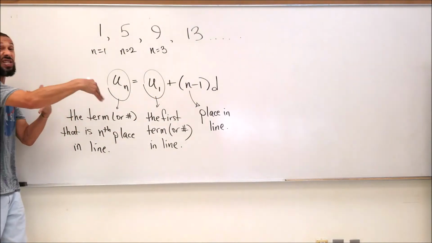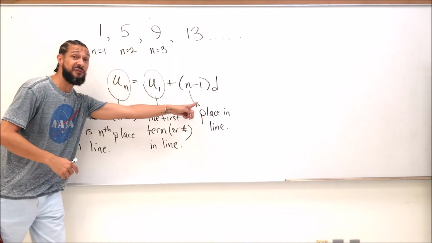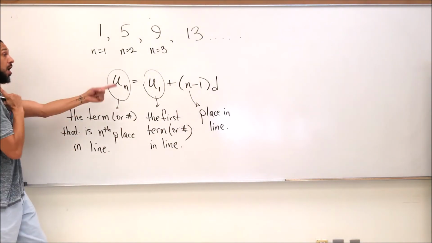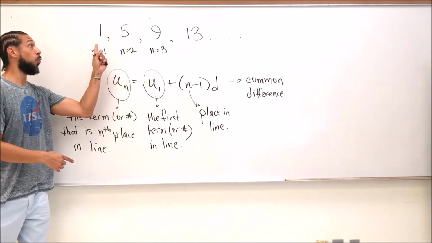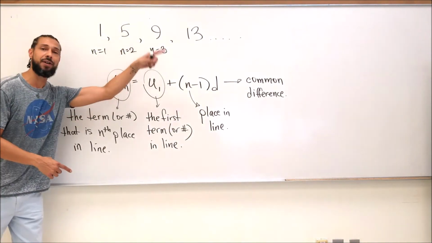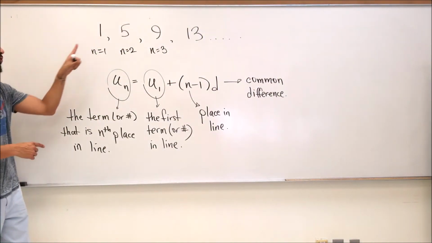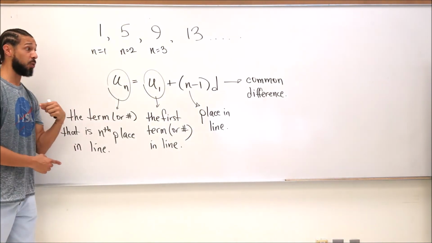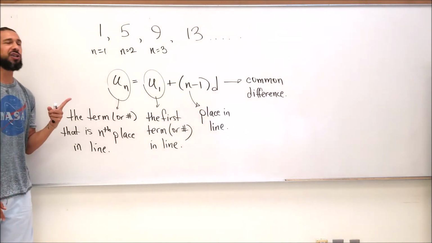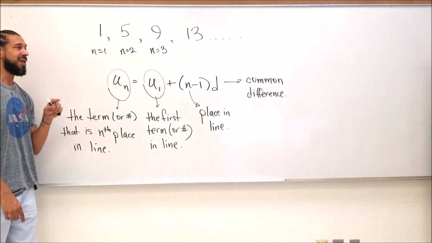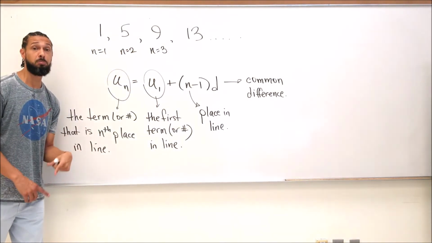Do I want the 50th number in line? n would be 50. And finally, d. d is the common difference, what we add or subtract to get to the next number. In this particular case, we added 4. Our common difference would be plus 4. So let's try one out. What if I wanted to know the 50th number in this sequence of numbers? Let's see if we can do that.